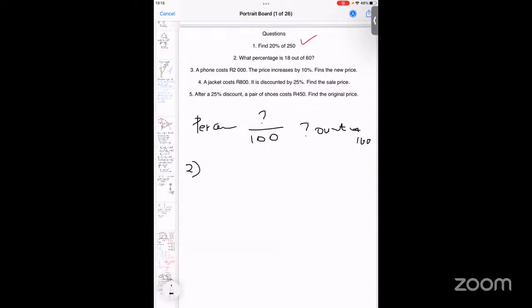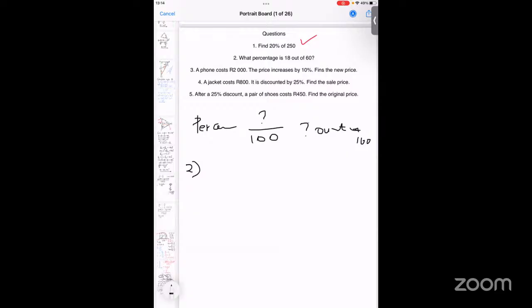It is a straightforward question where you just deal with it without any problems. You can see the statements are not that big. So what percentage is 18 out of 60?